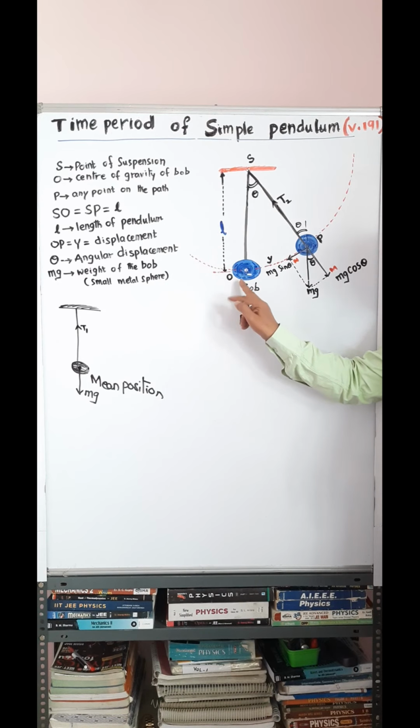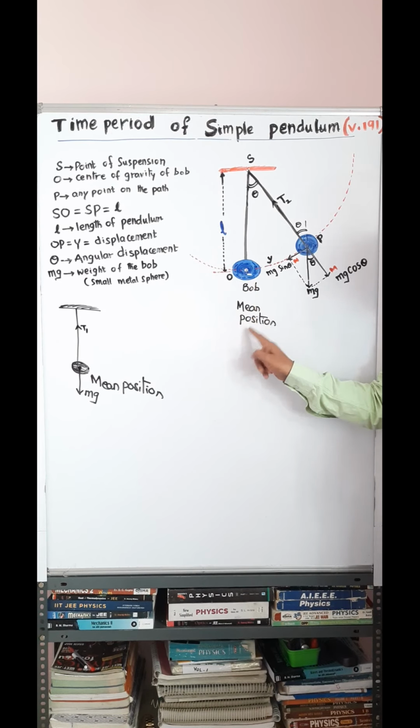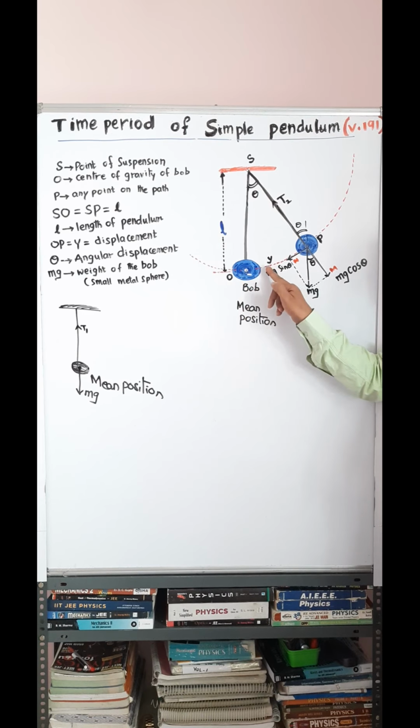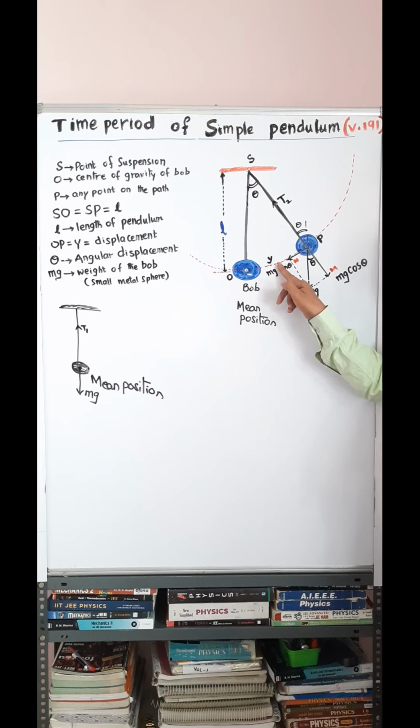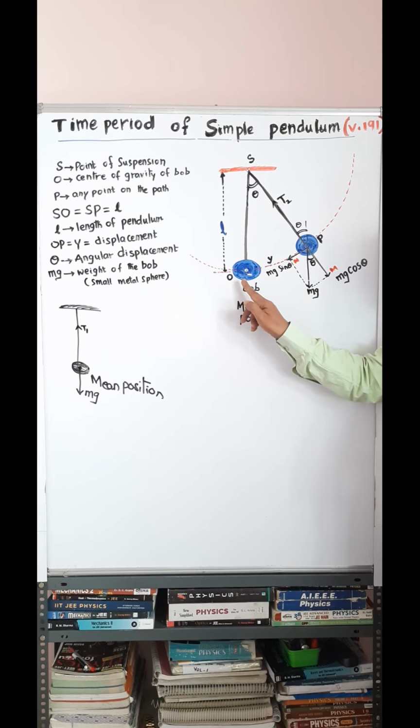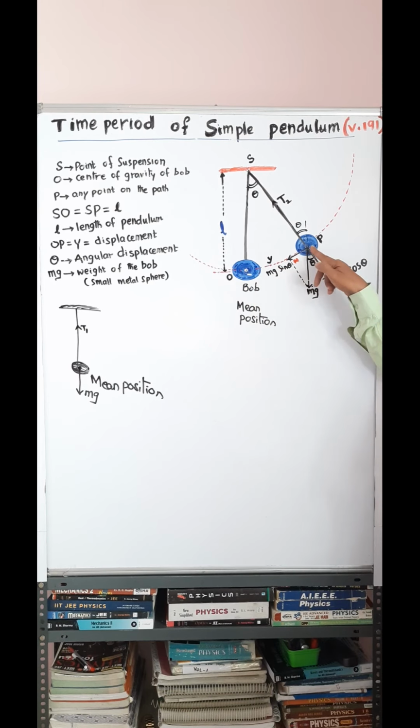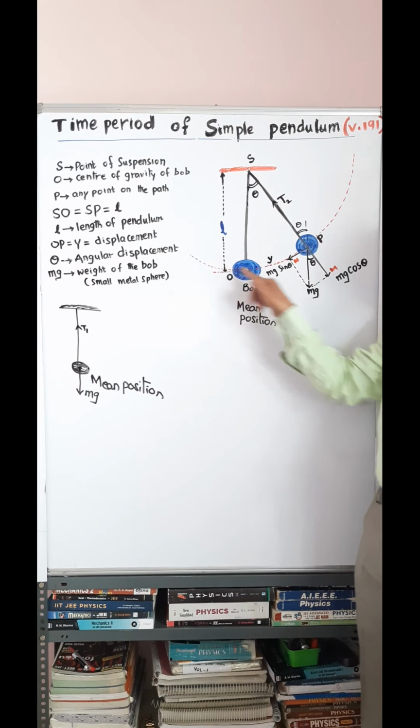Initially, the simple pendulum is at the mean position. After 1 second, it comes to here. After 2 seconds, it comes to here. After some time t seconds, the simple pendulum comes to the point P. P is any point on this path.